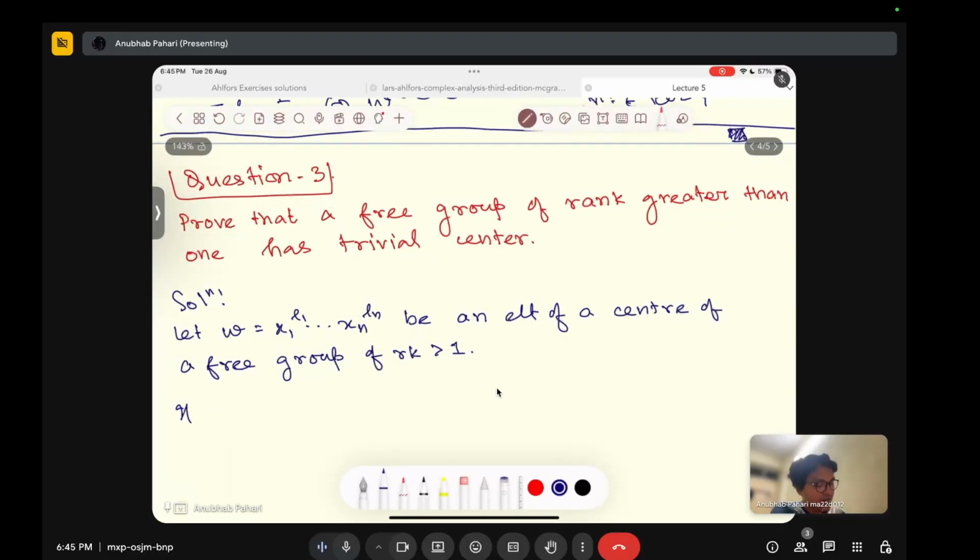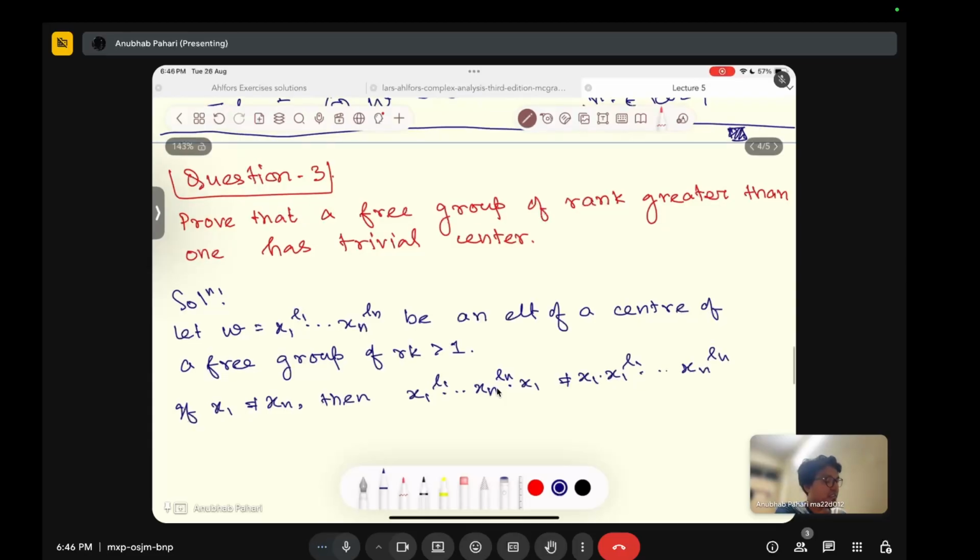Now if x1 not equals to xn, then see that x1 to the power l1 through xn to the power ln times x1 is not equal to x1 times x1 to the power l1 through xn to the power ln, right?